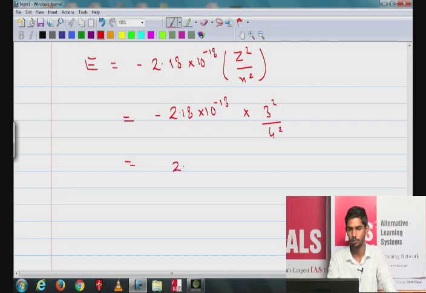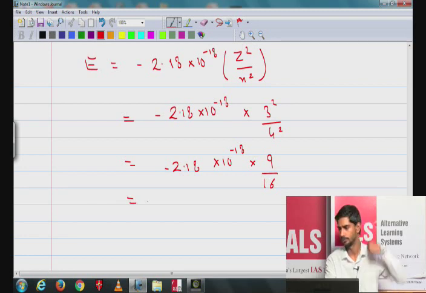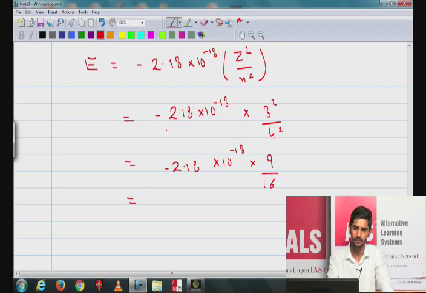So this one will be 2.18 into 10 to the power minus 18 into 9 by 16. So you can solve it and you will get your answer. Okay, let's see what the answer would be.